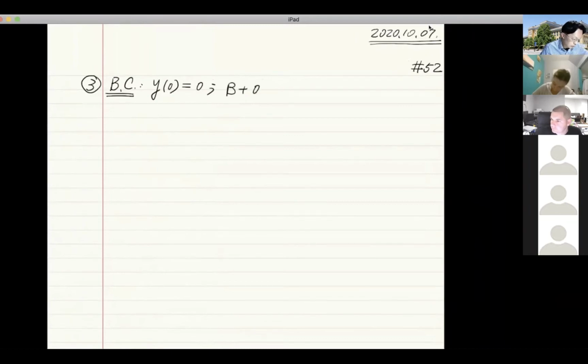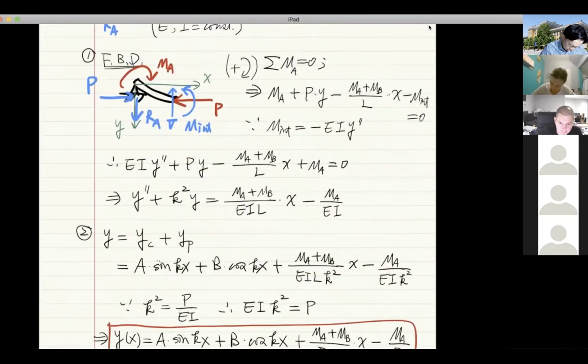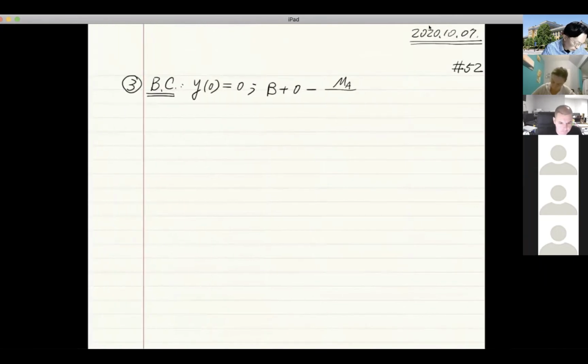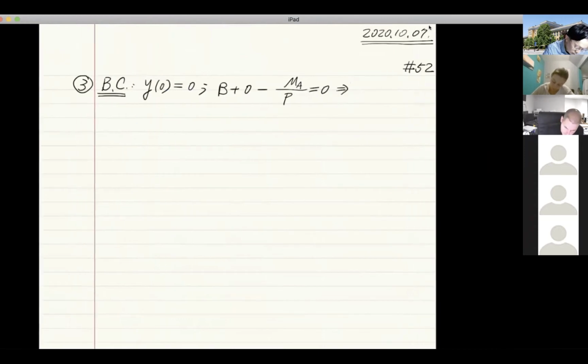But if you just follow my calculation, that means B plus 0 minus MA over P must be 0. So that means parameter B is just MA over P. So this is the first one we found.